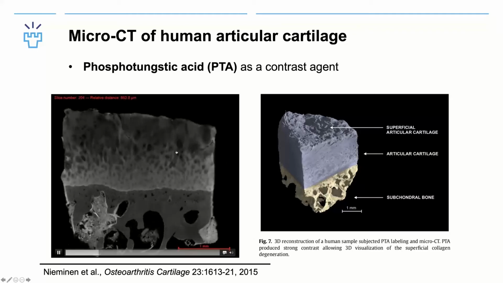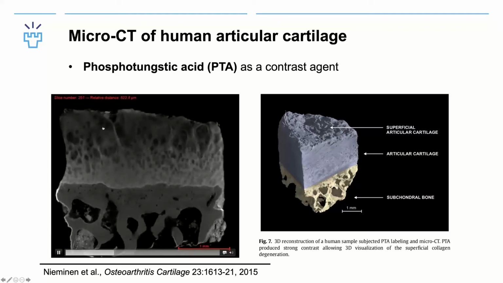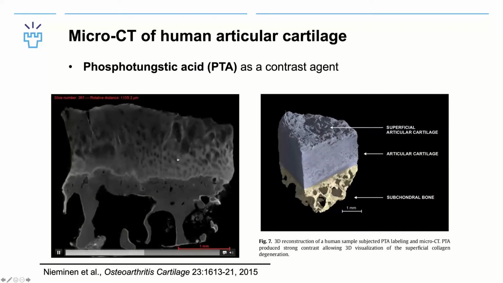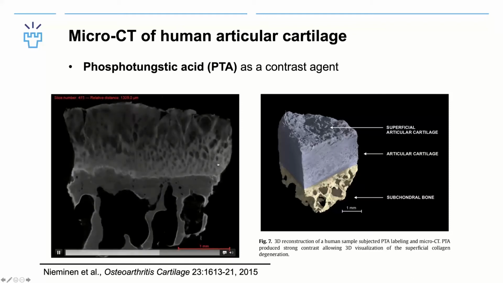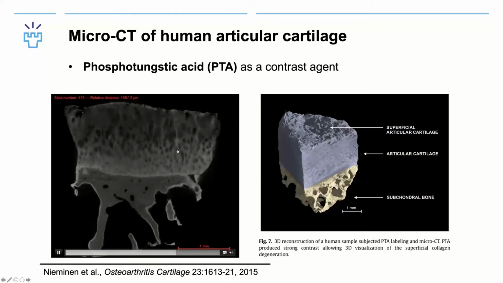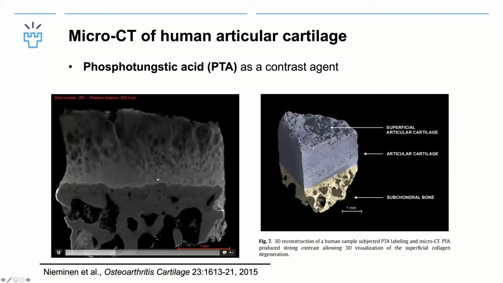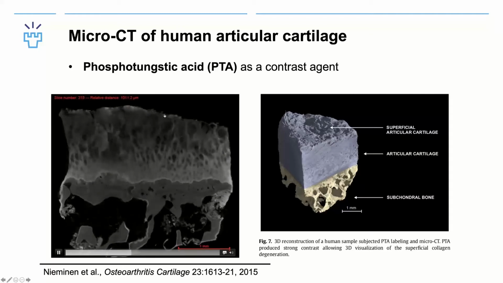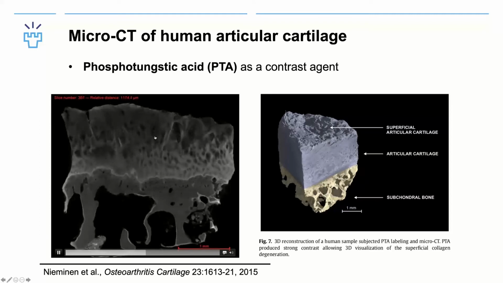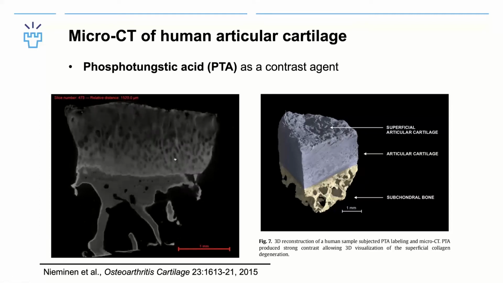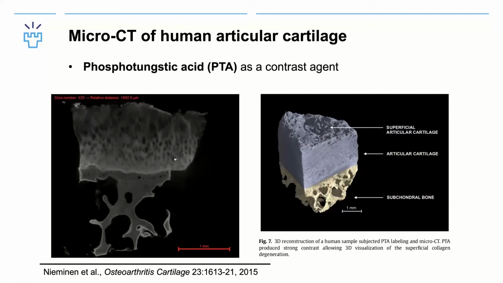This is the bone, this is the cartilage, and here you can see the staining of the cartilage with this PTA. You see higher staining here at the deeper layers than at the surface, which is normal because the collagen content is higher at the deeper layers of the cartilage than at the surface. So this is the normal collagen distribution. Basically, this PTA goes there according to the collagen distribution.